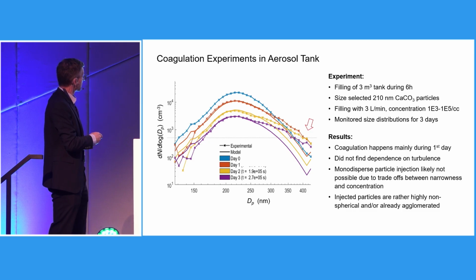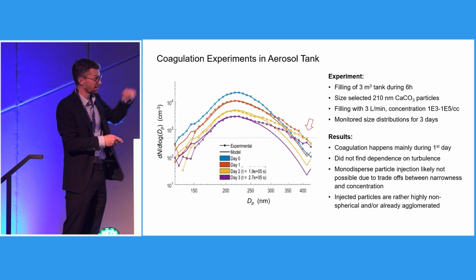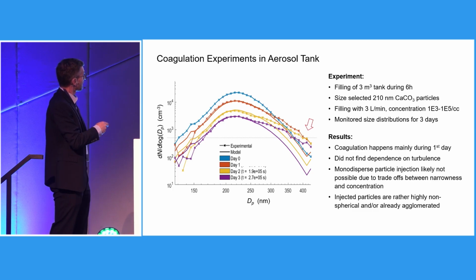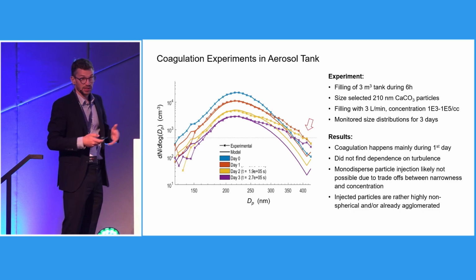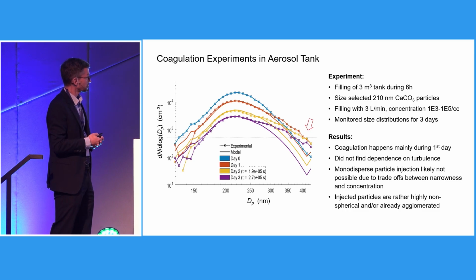So you can see here is a very broad size distribution and not monodisperse as in our idealized model. So it's rather larger, and we also see coagulation, and this could decrease the scattering efficiency in the end.